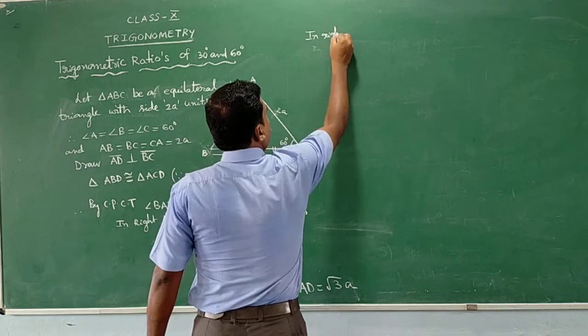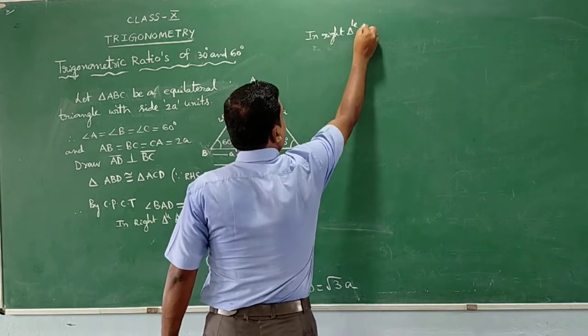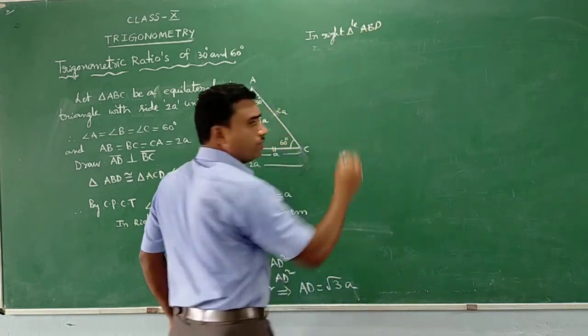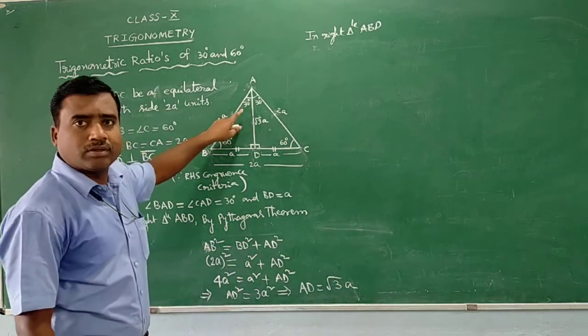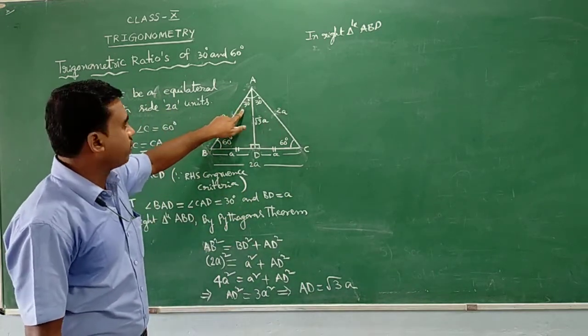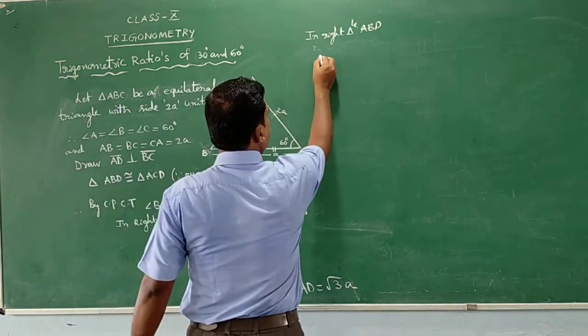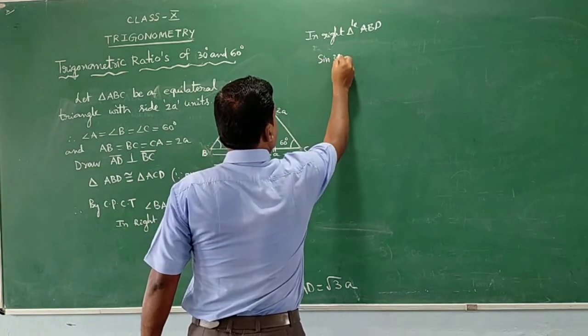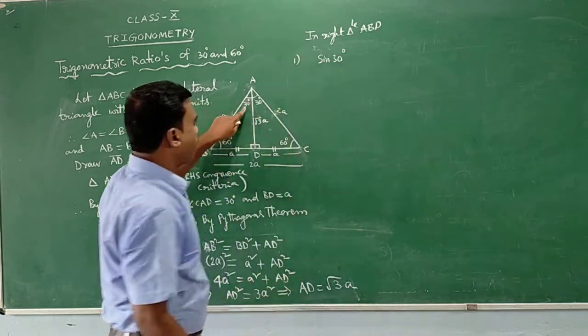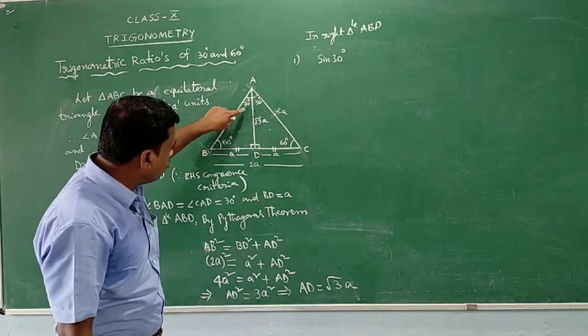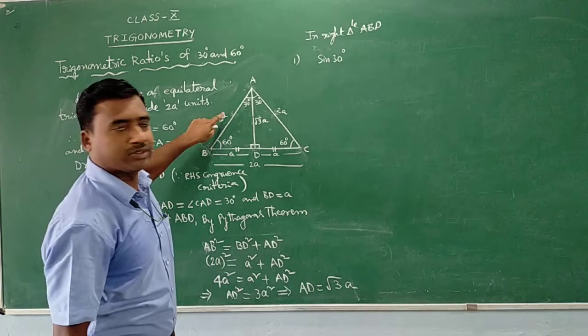Now in right triangle ABD, we can write all trigonometric functions for 30 degrees. Sine 30 degrees is equal to side opposite to 30 degrees by hypotenuse.